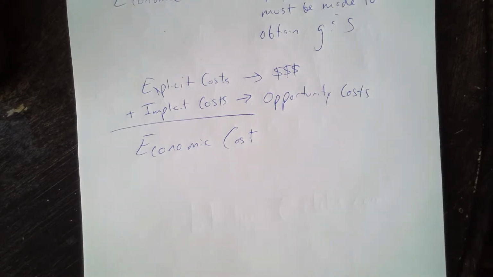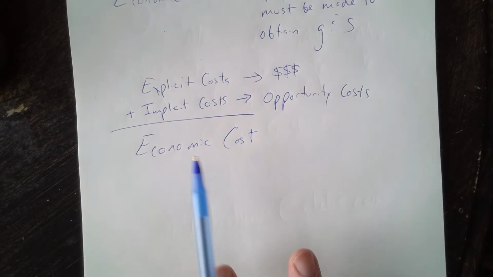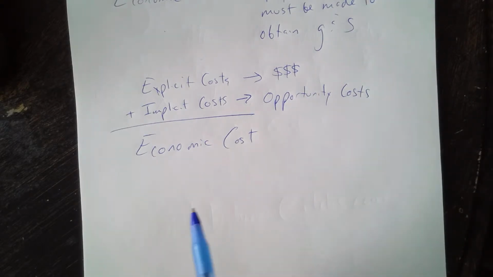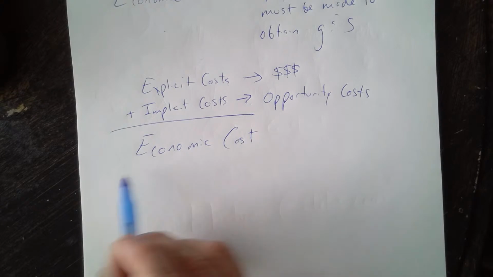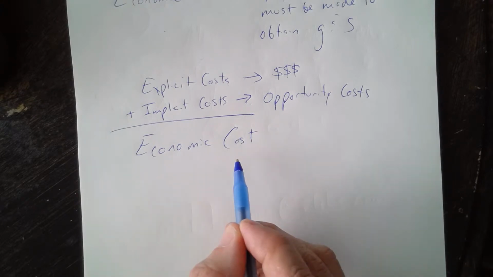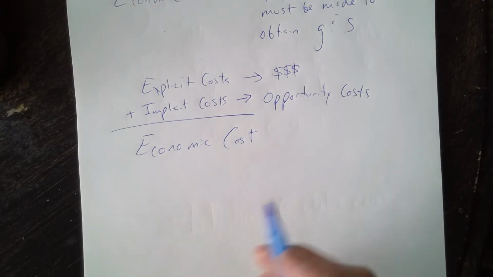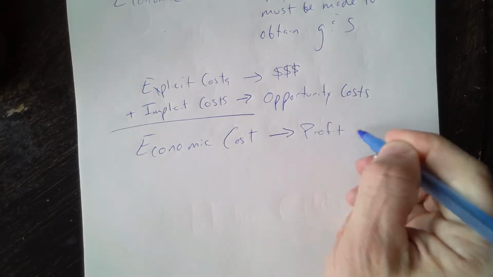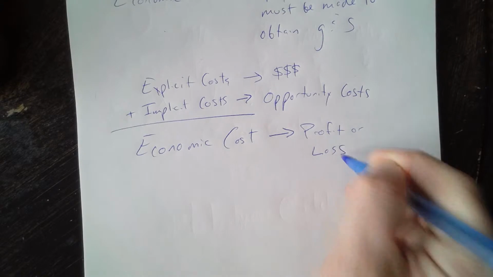This is not necessarily the true real world. When we talk about making a decision, we keep in mind our implicit costs. But when we actually look at profit and loss and everything like that, we're strictly looking at money. But because we are talking about the economic world, we are only talking about economic costs. And then, depending on this, we could either have a profit or a loss.